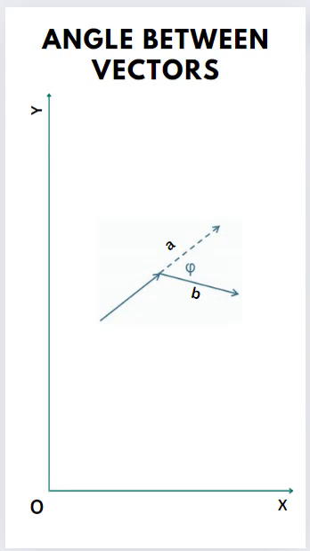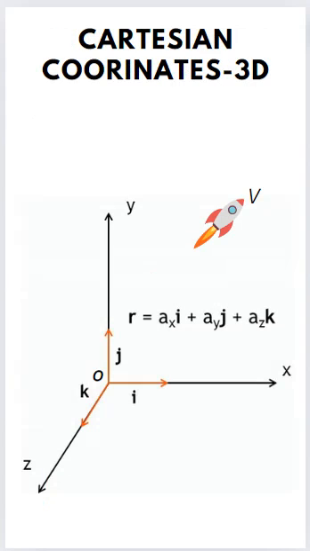Angle between two vectors is defined as the angle between the lines representing them at the point of divergence. In the diagram, A and B are two vectors and at the intersection point they diverge, and phi is the angle between them. Since vectors are physical quantities, we should be able to represent them in 3-dimensional space. For example, a rocket going in space with a velocity v; this velocity is a vector in 3-dimensional space.